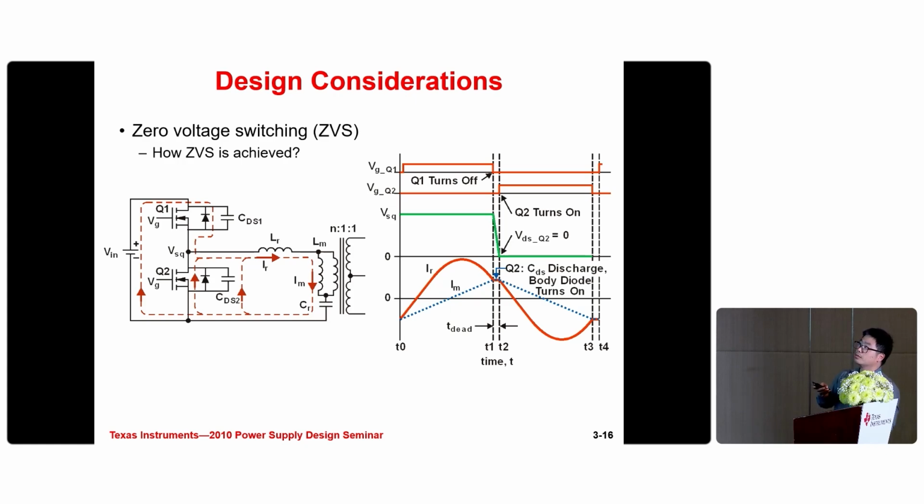And when the VDS of Q2 goes to 0, the body diode of this MOSFET will turn on. So at that time, if we turn on Q2, Q2 will achieve the ZVS.